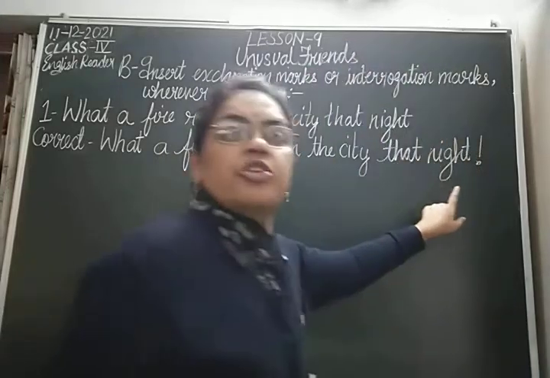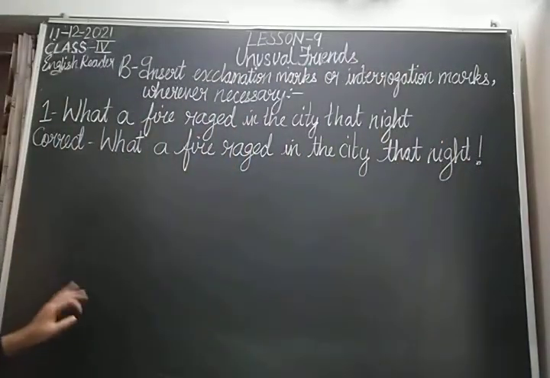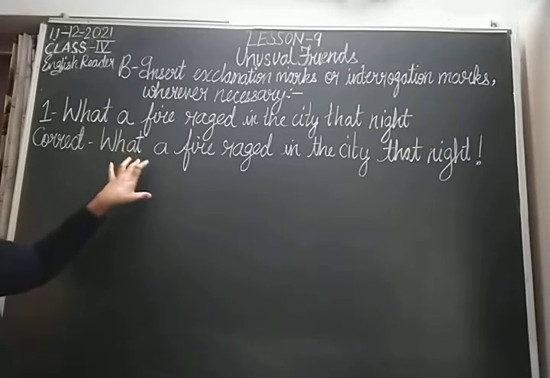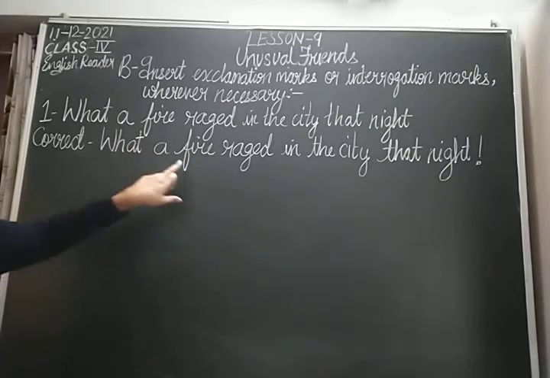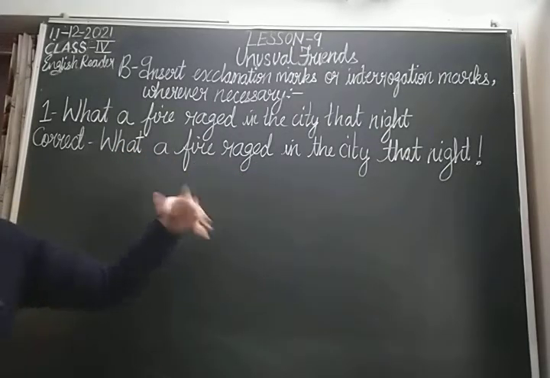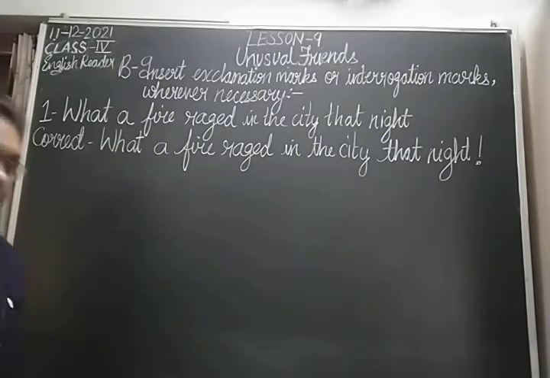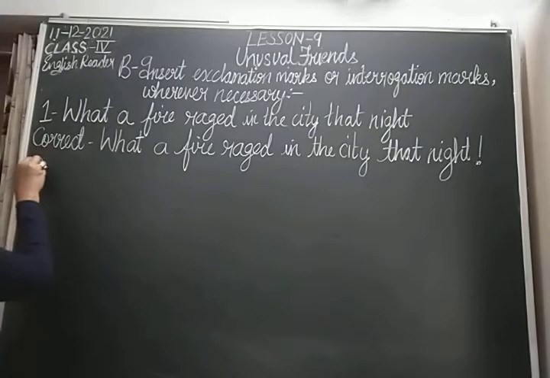So, put an exclamation mark at the end of this sentence. Since we are expressing a feeling about something, what a fire raged in the city that night. So, at the end, we need to put an exclamation mark. Then the second one.